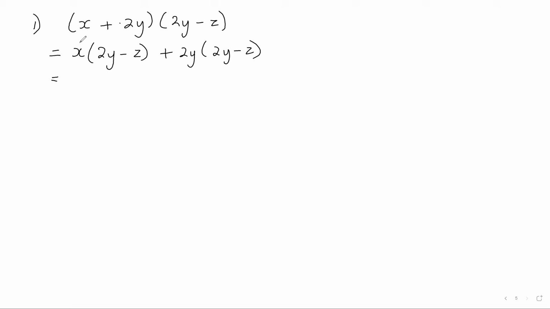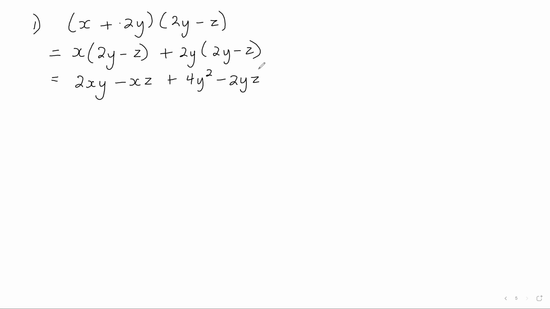And then I simplify. x by 2y is 2xy, and x by minus c is minus xc. And then 2y by 2y is 4y squared, and 2y by minus c is minus 2yc. I don't have any like terms there, so that would be my final answer.